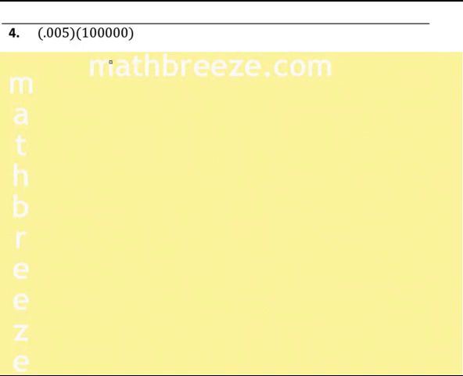Now here we're going to multiply by a power of 10 again. We have 1, 2, 3, 4, 5 zeros here. So again, let's write down our other factor, 0.005, and we're just going to multiply by this 100,000, by this power of 10, by moving our decimal 5 places to the right.